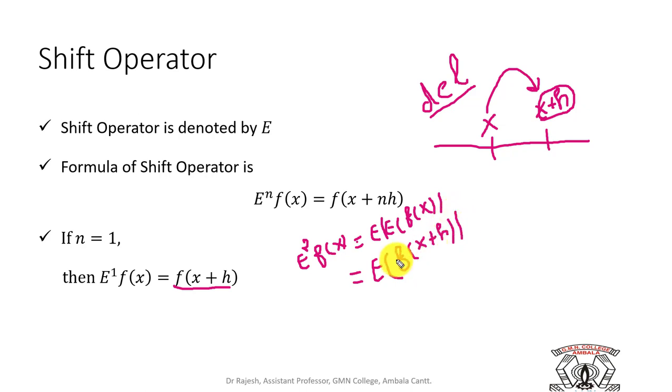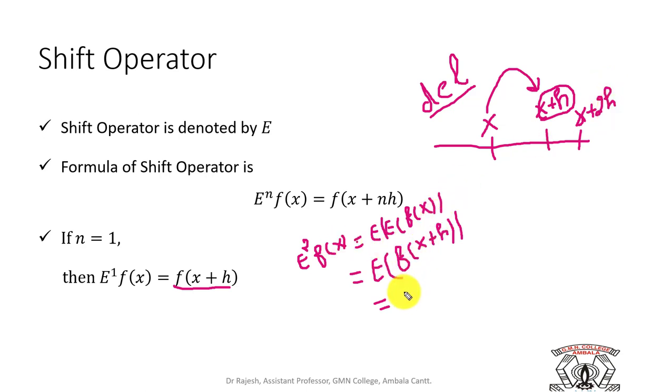Both brackets close. Now once again E will be applied, the result will be one more increment, say this is x, and it will be 2h.